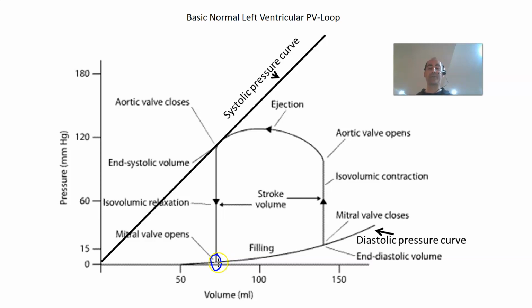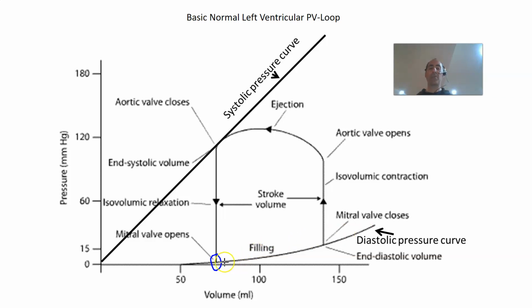So you're going to move along this bottom curve, which is called the diastolic pressure curve. It represents the rough extent limit of diastolic pressure.